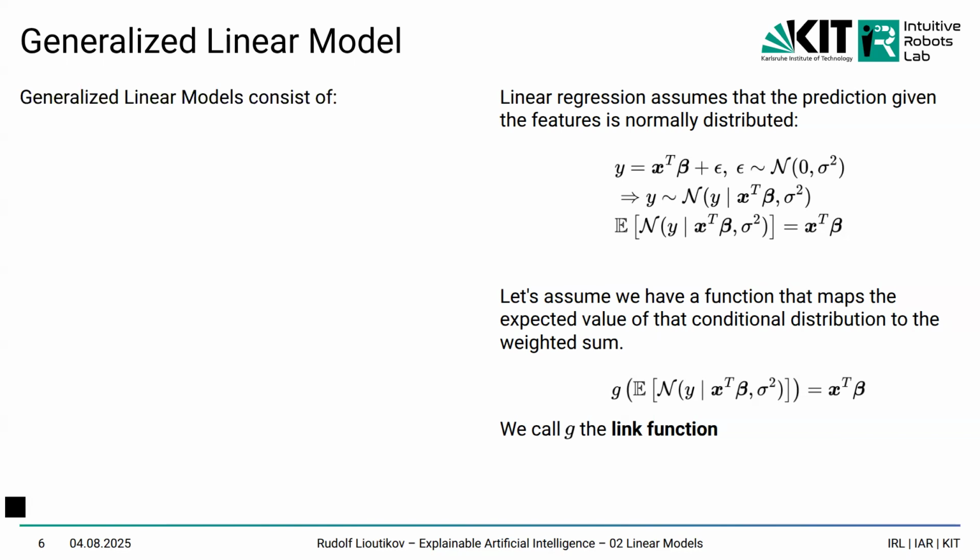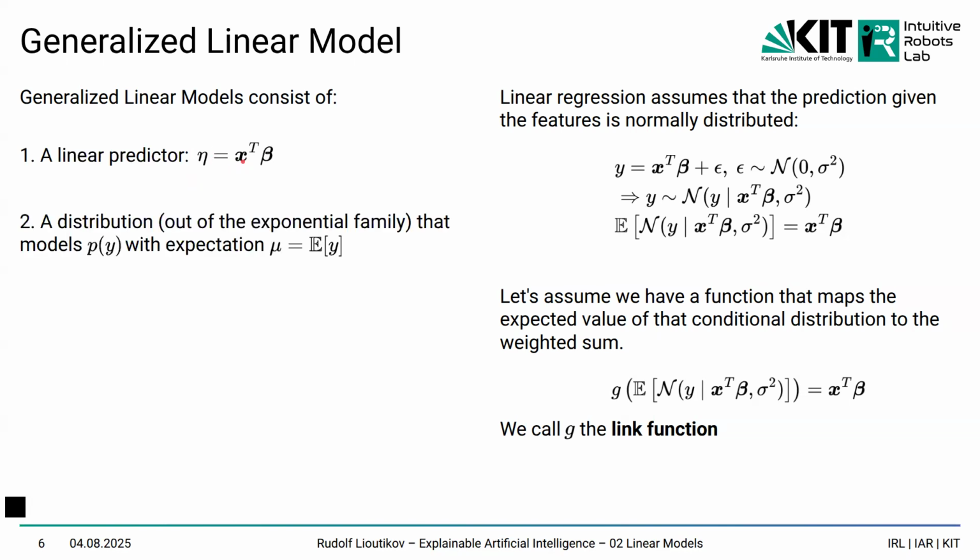Generalized linear models consist of a linear predictor, which is just a linear projection here. In this case I chose eta as a notation, so eta is just x transpose times b. Then we have a distribution, usually assumed to be out of the exponential family, that models the distribution over y.